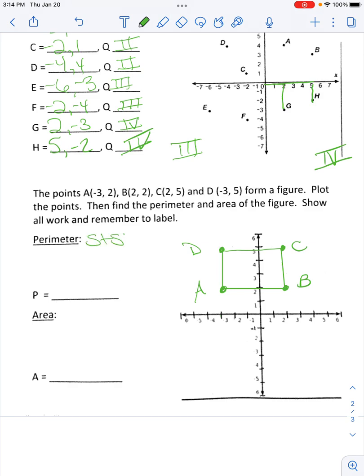Remember, perimeter is side plus side plus side plus side. We are at -3 over here and +2 up here. So from -3 to +2, that is 1, 2, 3, 4, 5 units.